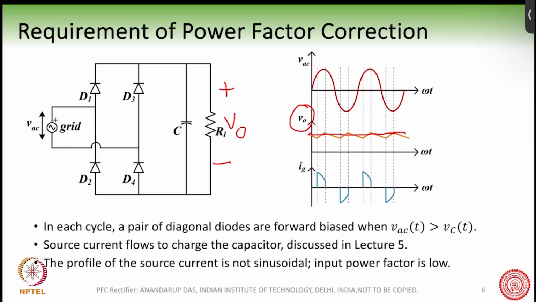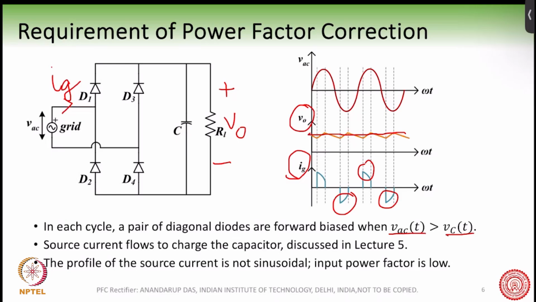But one of the biggest problems is that if you see the grid current coming from here, this current is very peaky in nature. It is peaky because it will only conduct when the instantaneous AC voltage is more than the instantaneous output voltage.